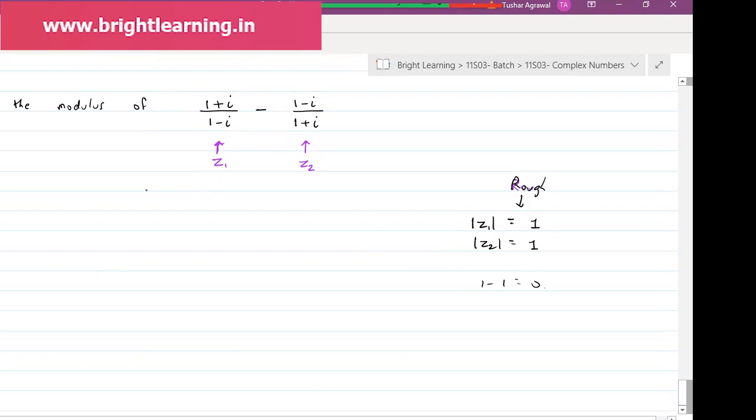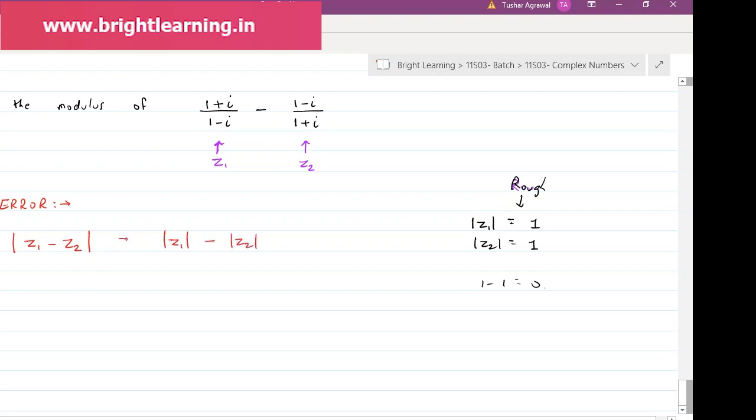The error is, if you take the modulus of Z1 minus Z2, the first fraction Z1 and the second fraction Z2, you are taking the modulus of the difference to be equal to modulus of the first minus modulus of the second.